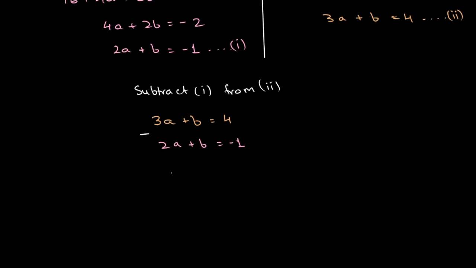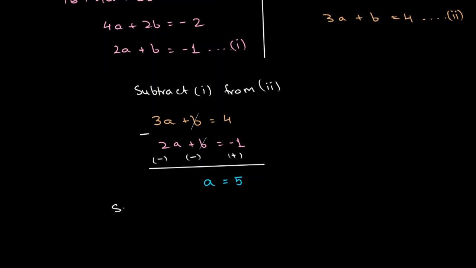Now, since I'm subtracting, the signs of the equation down below will change. So plus 2a becomes minus 2a, plus b becomes minus b, minus 1 will become plus 1, right? And now when I subtract, notice the plus b and minus b will end up getting cancelled. 3a minus 2a is nothing but 1a, so that is equal to a. And 4 plus 1 is 5, so a is equal to 5, right?